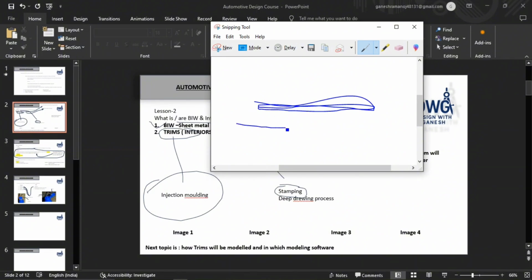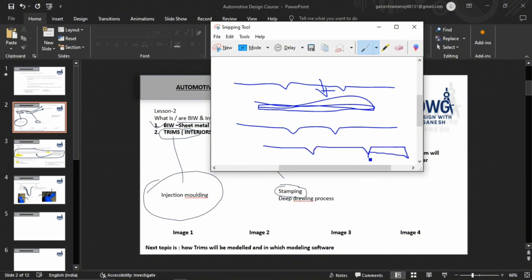There will be a die like this, and a press pad like this. You place one planar sheet between these two dies, and when they press together, you get your required shape like this. These are the methods that we use for manufacturing parts in the automotive industry.